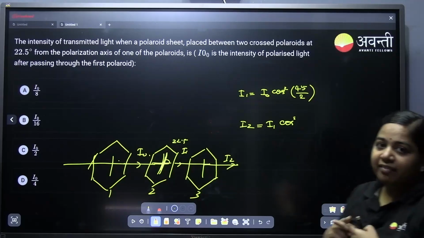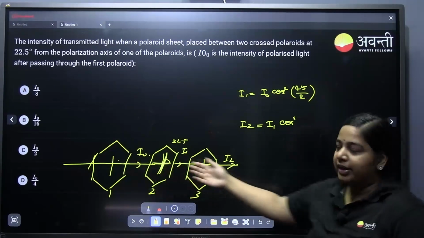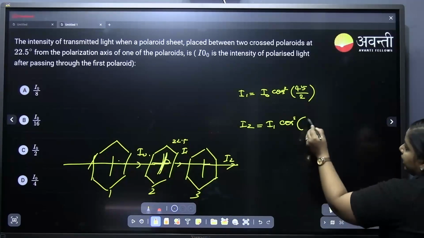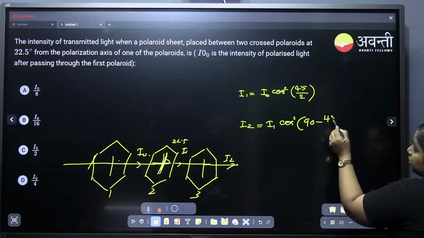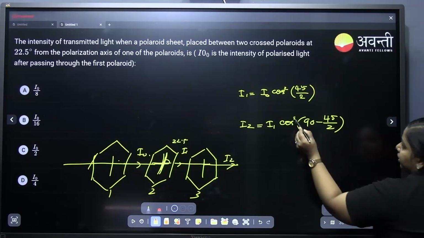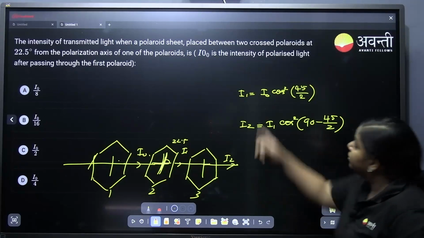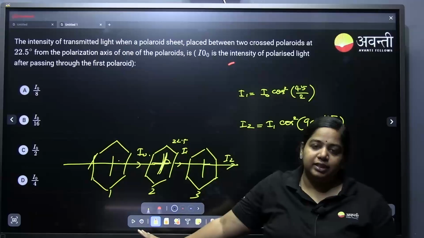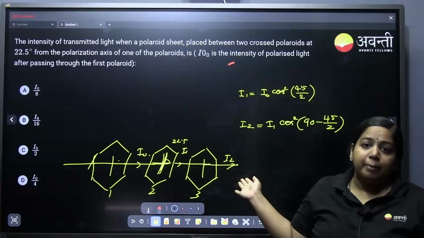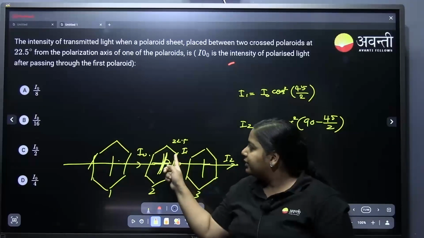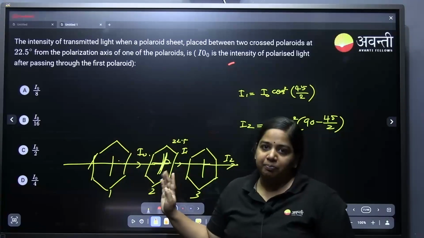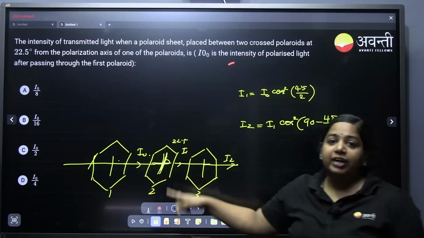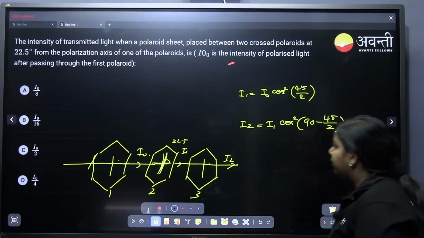So the next one is having 90 degrees with the first one. So this will be 90 minus 45 by 2. Two crossed Polaroids they are saying. So the first one is in one direction, the second one is perpendicular to that, and it is having 22.5 degrees with the first one. So with the second one it will have 90 minus 22.5.